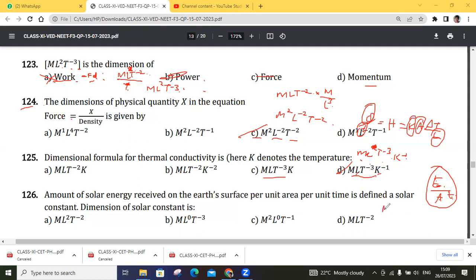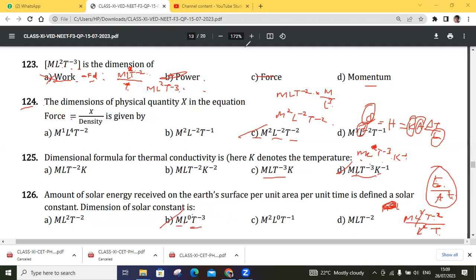Energy is force and displacement, that is m L square T power minus 2, right? By area, which is length square, and T is time. L square will cancel. So M T power minus 3, L power 0. 126 is B.